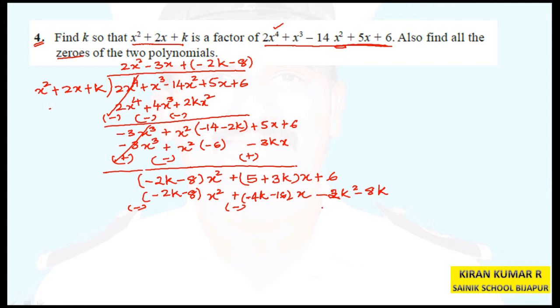Now the same way you change the sign and you will simplify. This will be minus, this will be minus, next will be plus and plus. The first term, x square term, will be cancelled. We will be getting 3k added to 4k, it becomes 7k.